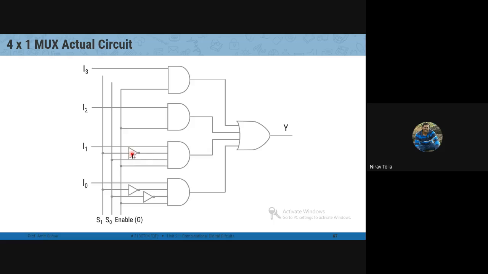For I2, we have S1 S0 bar, so S1 is connected directly and S0 is connected with a NOT gate. And for I3 it is S1 S0, so we do not have to connect any NOT gate. So this is the logic diagram of the 4x1 multiplexer.